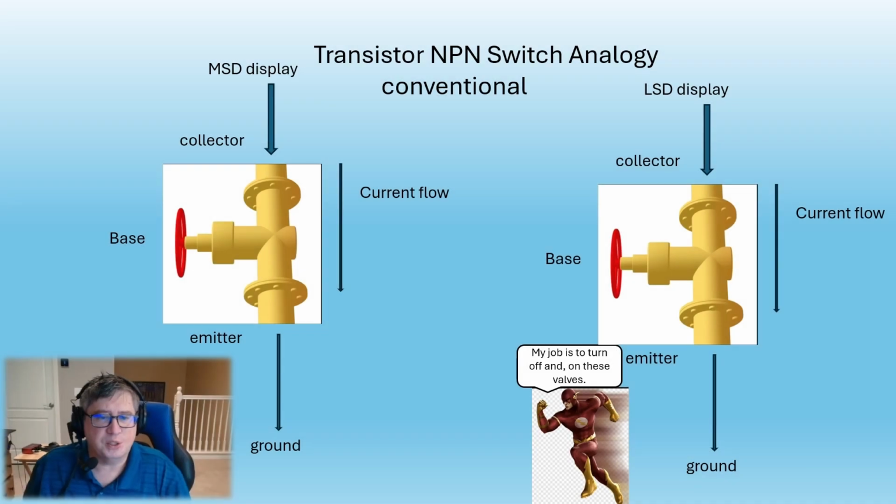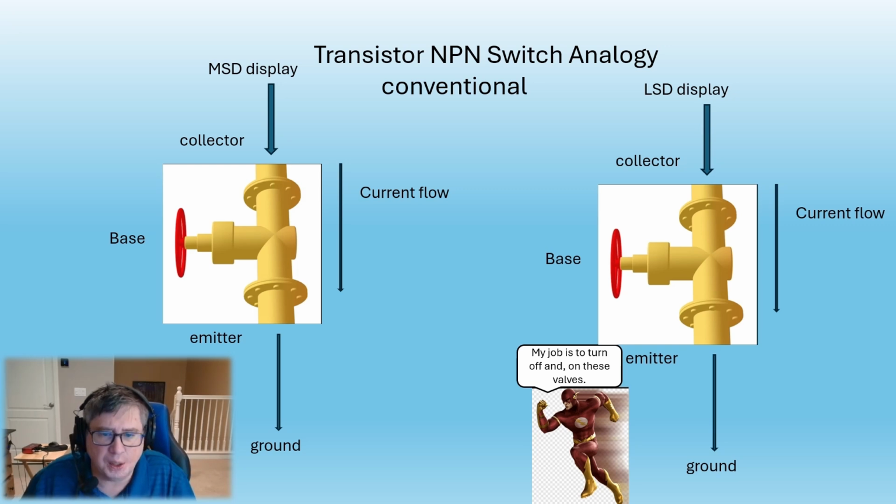This is the transistor NPN switch analogy theory. It's in conventional mode. I think this is a great analogy. So we're going to put these transistors on our BCD LED screens, our drivers. They're LEDs.